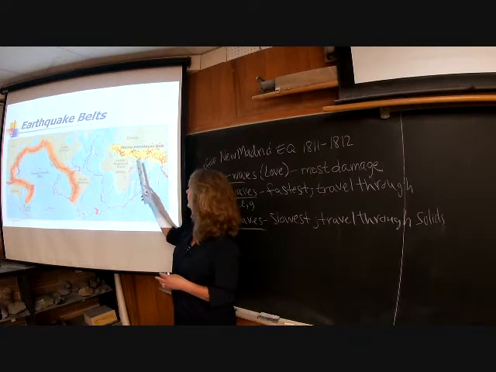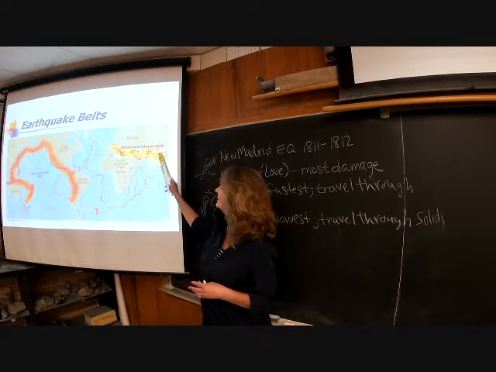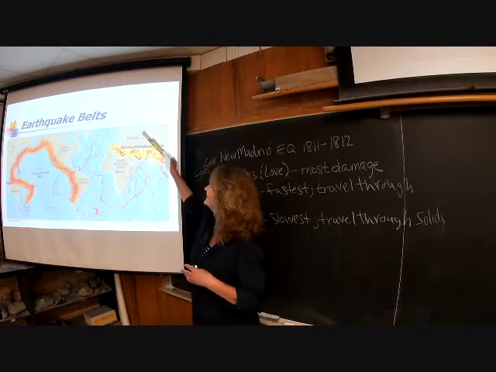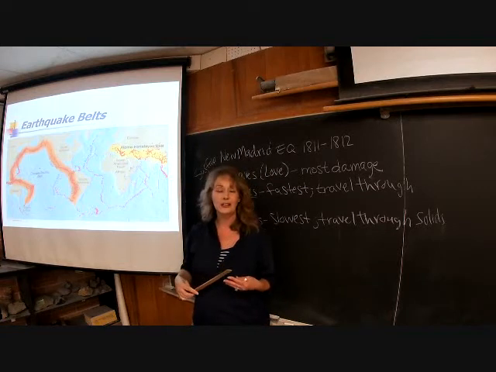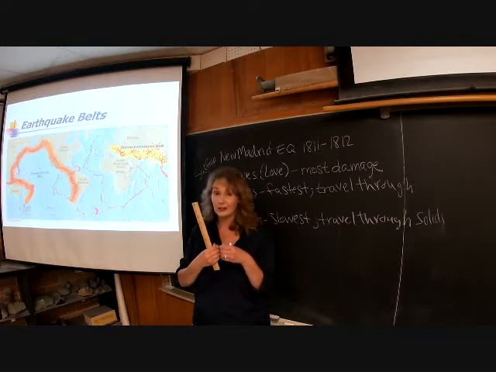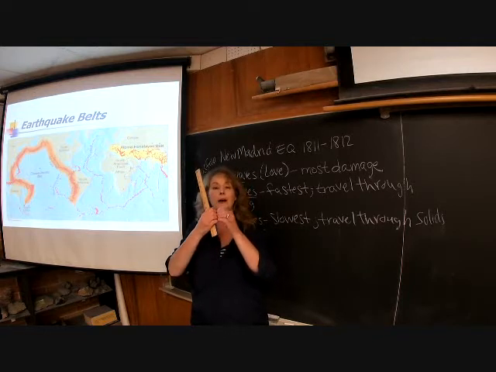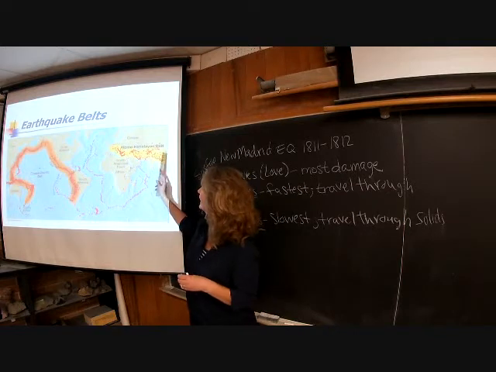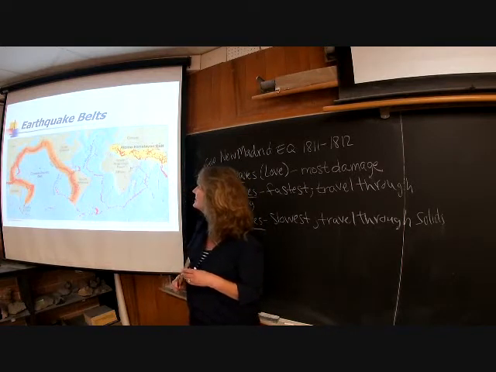So here along the Alpine-Himalayan belt, where India has slammed into Eurasia, it's convergent, but continental convergence, so buckling up and creating mountain building, creating the Himalayan mountains and the Alpine mountains.